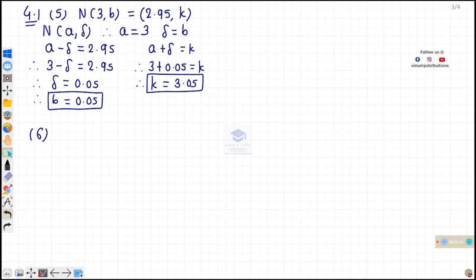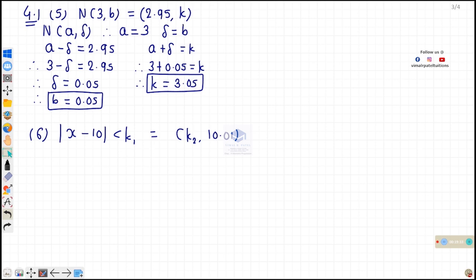Sixth question. Modulus x minus 10 less than k1 is equal to the interval (k2, 10.01). So this is modulus form, this is interval form.